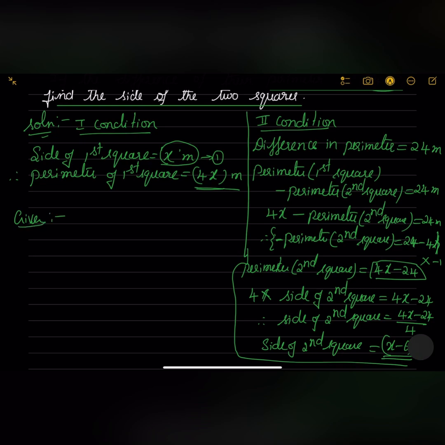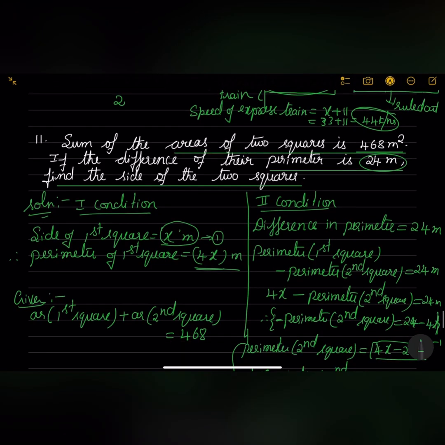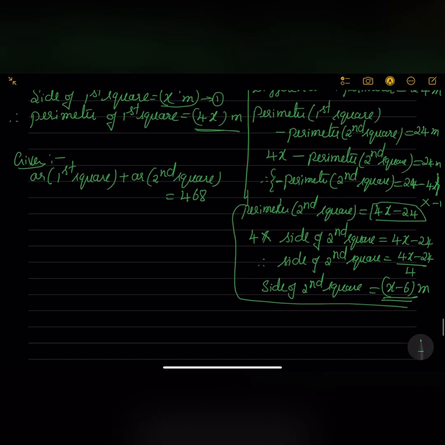Area of first square plus area of second square is equal to 468. The area of the two squares is 468 meter square.